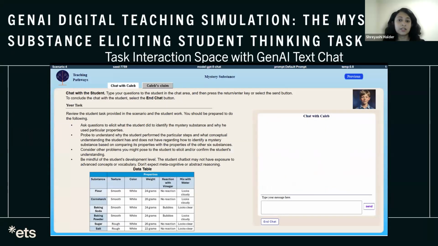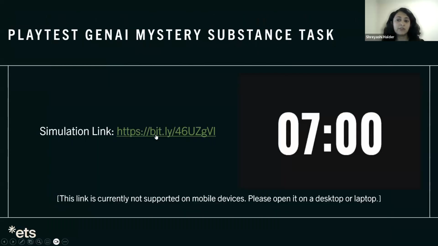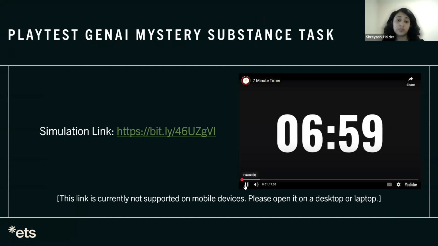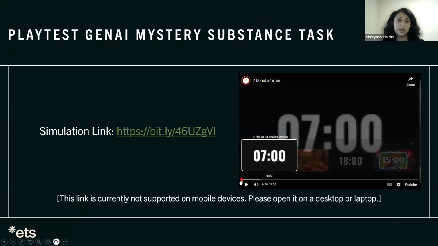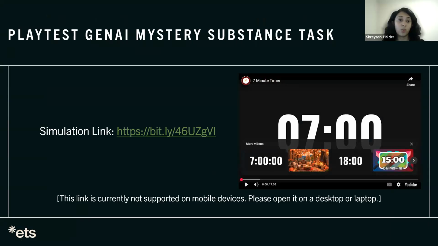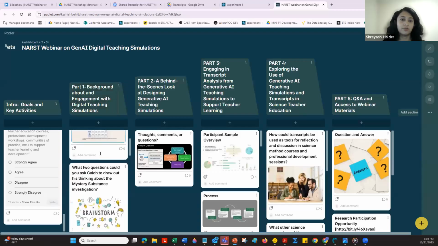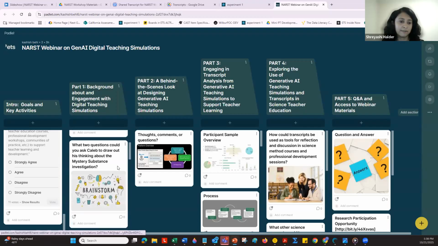After 7 minutes, you will return to the main room. Then one representative from each group will post your group's 2 questions in the assigned section of part 1 in Padlet. So Trisha, would you like to show them where they can post the questions they will draw out for Caleb's investigation?